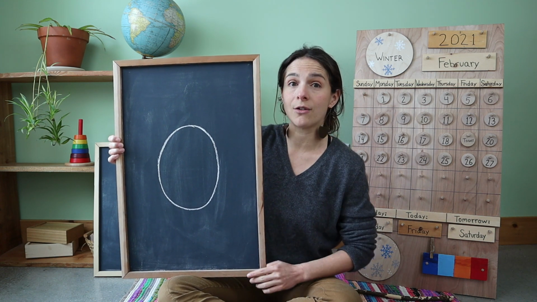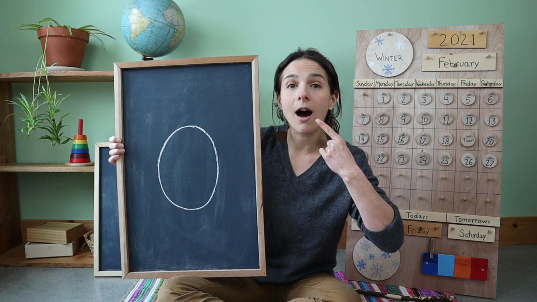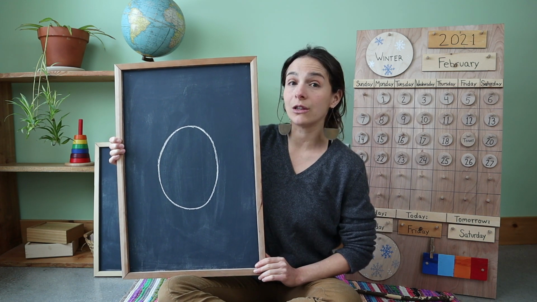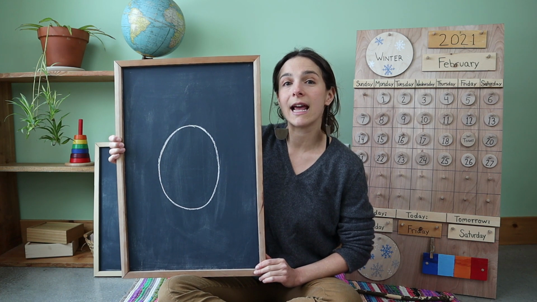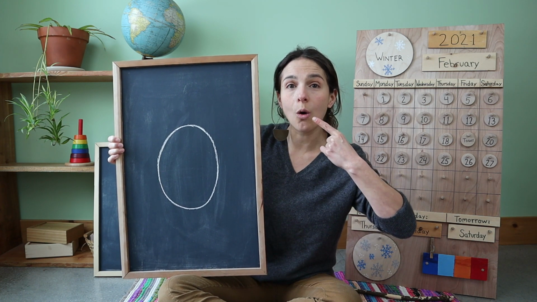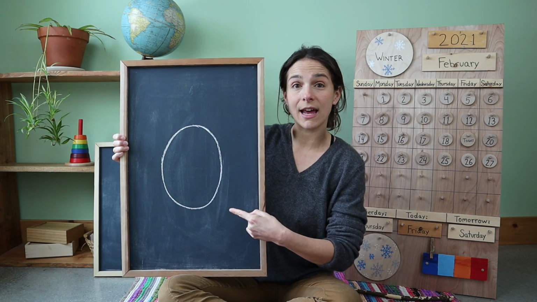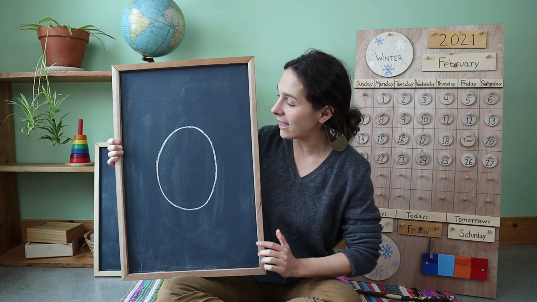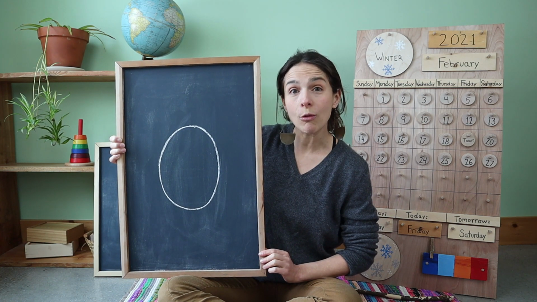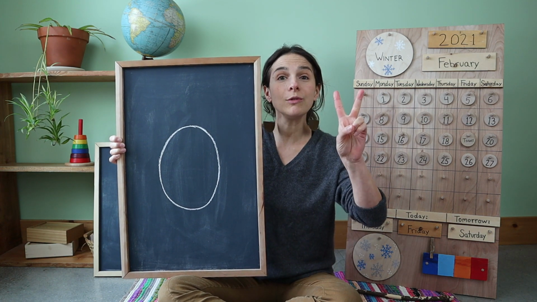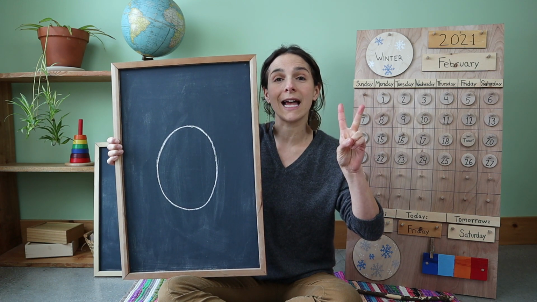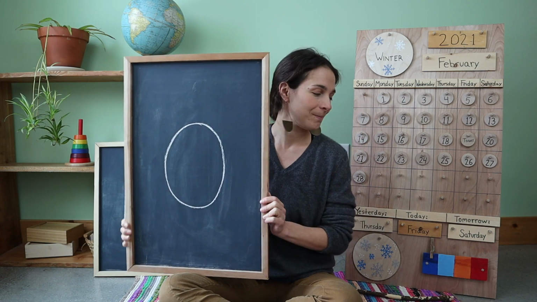The short sound sounds like ah, and the long sound sounds like oh. And this is the letter O. You're right, friends. This is the letter O. This is a lowercase o, and it makes 2 sounds, a short sound, ah, and a long sound, oh.